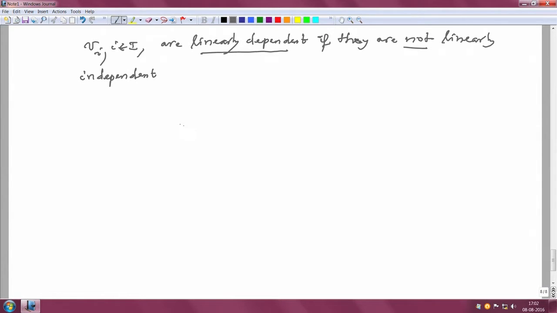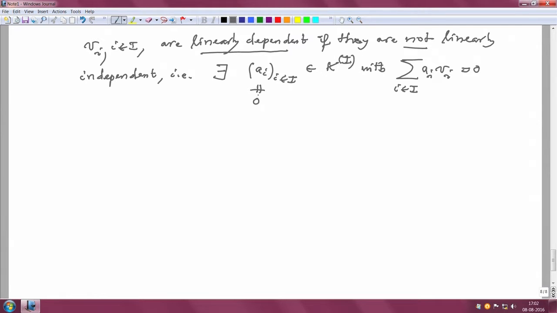So linearly dependent means there exists an I-tuple a_i in K power round bracket I with the linear combination summation a_i v_i equal to 0, i in I, where the tuple is non-zero. A tuple is non-zero means at least one of the components is non-zero.